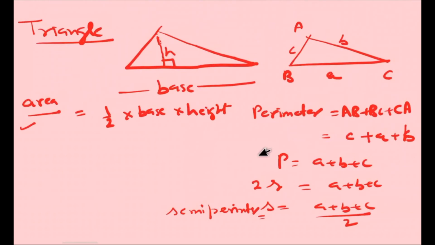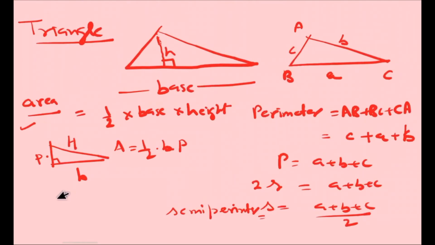Now, if it is a right triangle, then this is the height and this is the base. Let the base be B and the perpendicular be P. Then area equals half into B into P. P is the height, also known as the perpendicular, and this is known as the hypotenuse, and the relation is h square equals p square plus b square.